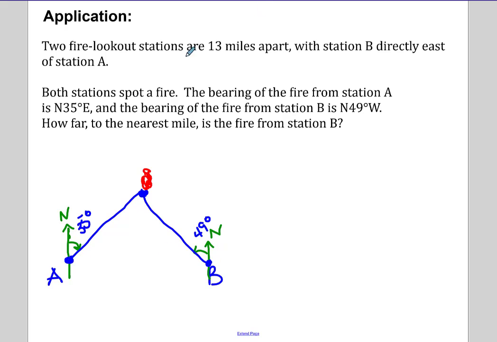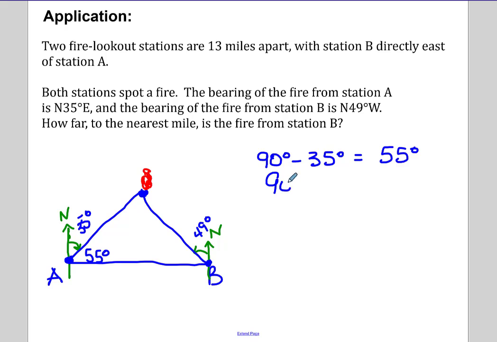Now here's how you'd have to think about the angles inside. This is going to be 90 degrees, and if I want to know angle A inside the triangle, then I've got to think about 90 degrees minus that 35 degrees, because that tells me angle A is 55 degrees. And if we want to know angle B, we think about 90 degrees minus 49 degrees, which tells me angle B is 41 degrees off of that east-west line.